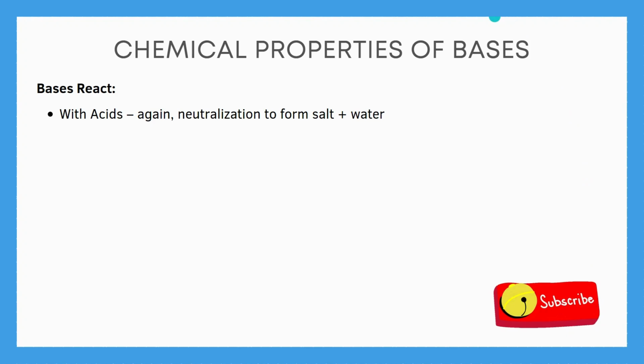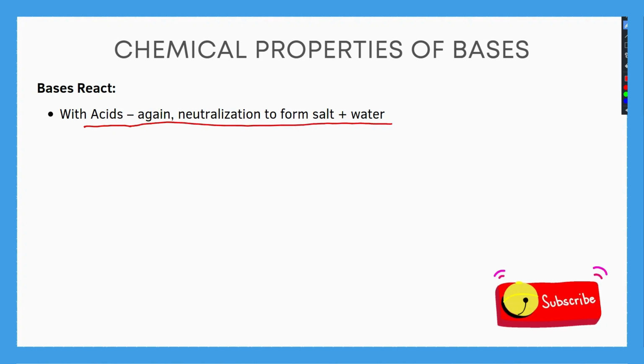The first chemical property of bases is that bases react with acids again to form salt and water. So it's more like the same property in both cases. Acids react with bases to form salt and water, and bases react with acids to form salt and water.